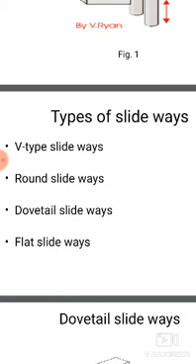Okay, next, round slideways. Round slideways fulfill the condition of kinematic principles, with the bearing fully constrained. These guideways are used in pillar or radial drilling machines, for drilling holes, rapid hole drilling, threading, all those things.